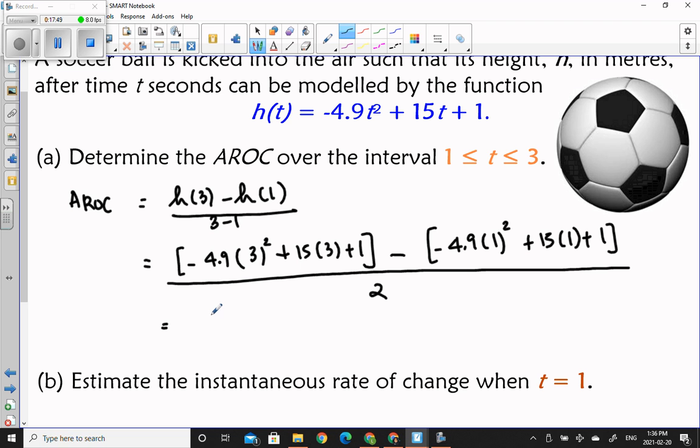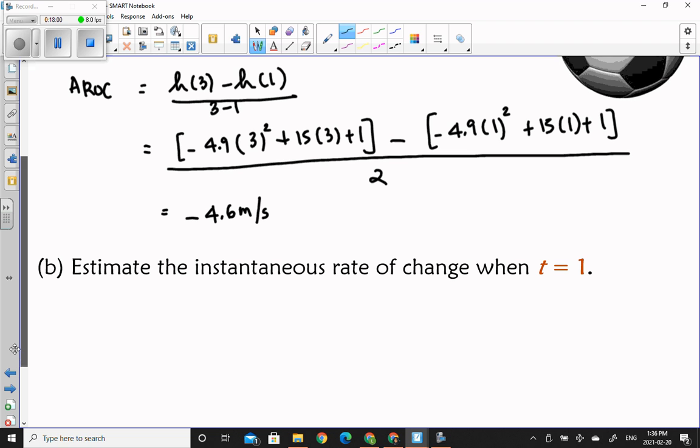You plug that in your calculator and you get negative 4.6 meters per second. There are units here because height is in meters and time is in seconds. Okay. Now they want me to also find the rate of change at the value t equals 1.